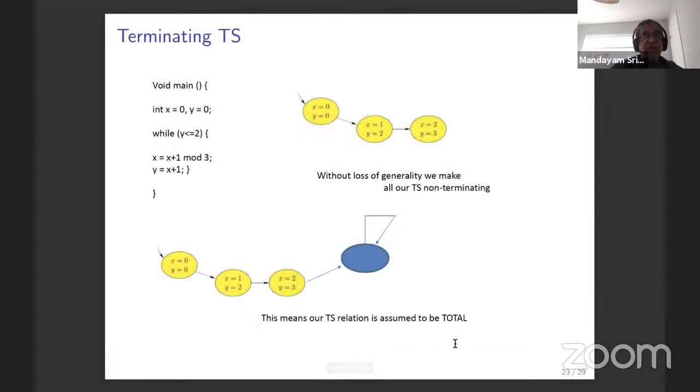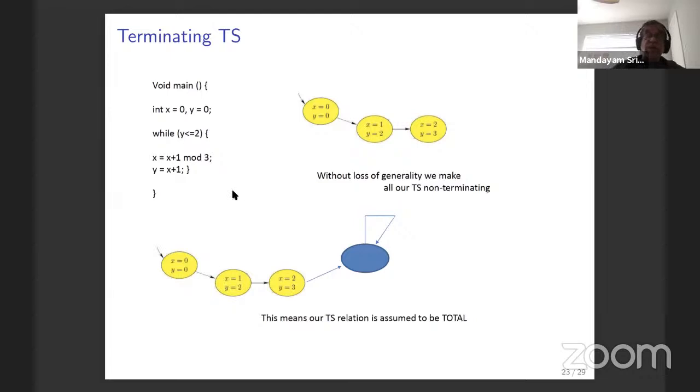This just illustrates how we model terminating transition relations. The original system, the code that I had, was while true, so that was a truly non-terminating program, correct? That's why it had a loop between these two yellow states, and it was non-terminating.